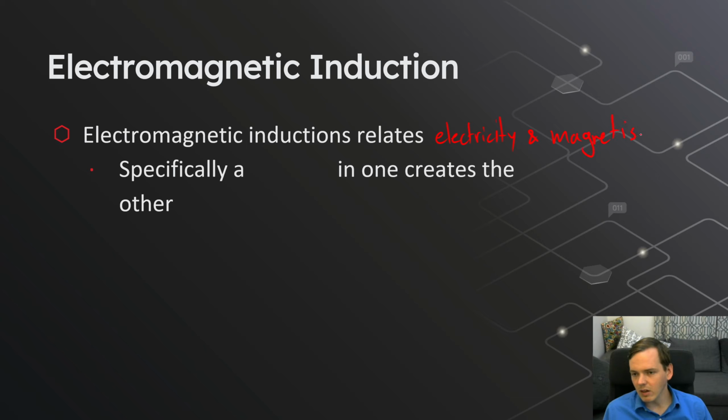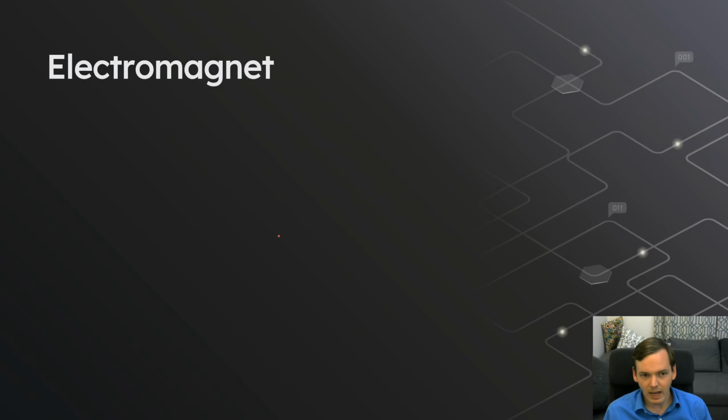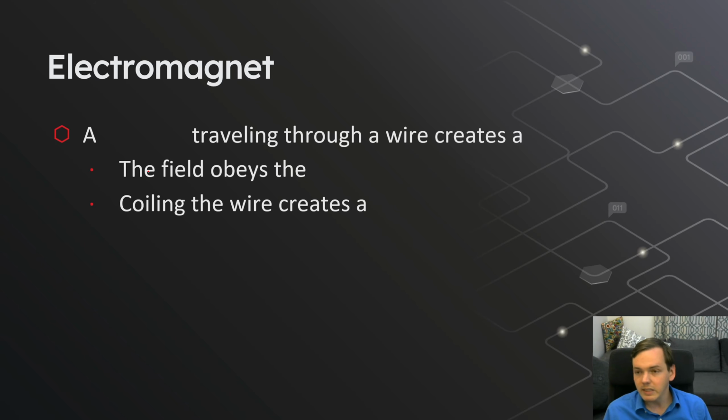It says that they're connected, and specifically a change in one creates the other. So we mainly looked at how if you change the magnetic field, you create a current, you create electricity. But we also have the kind of inverse, where you can change the electricity and create a magnetic field.